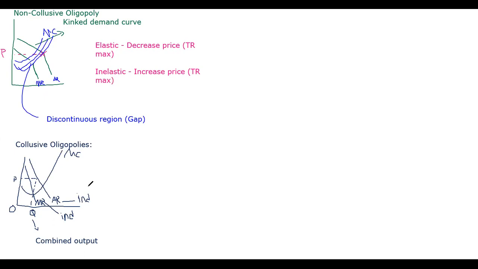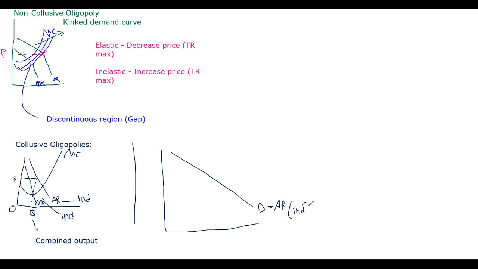So let's still try to draw it though. So you have the demand, which is your AR, and we're talking about the demand of the industry. Okay, writing is difficult.